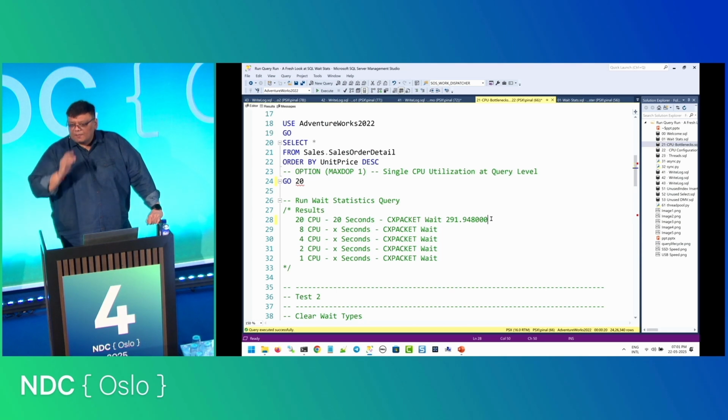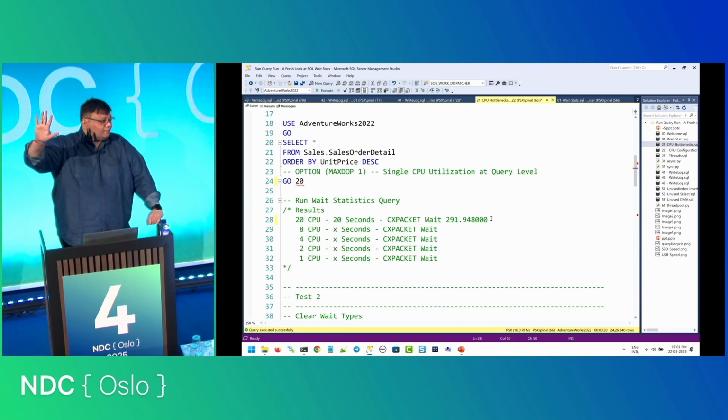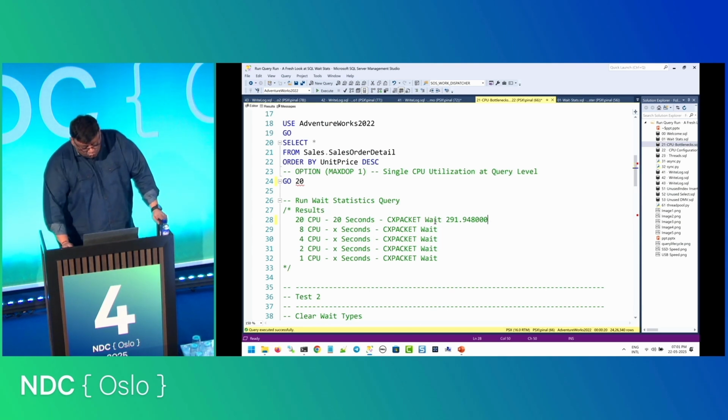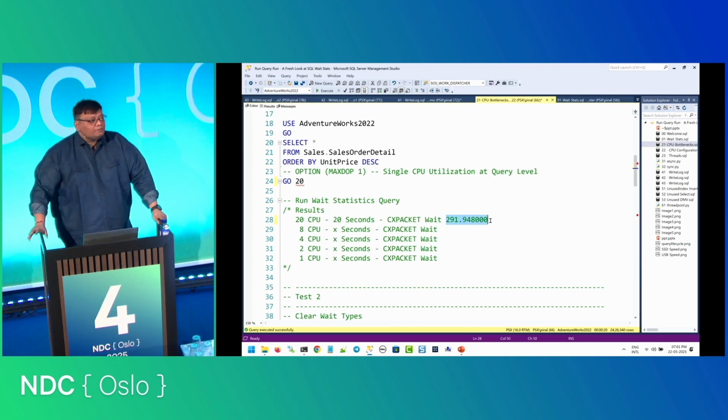Think about it this way. I had 20 CPU threads running, and I ran it for 20 seconds. So what is the total CPU consumption? 20 CPU threads ran for 20 seconds, 20 times 20, 400 seconds. Out of that, 291 was wastage.